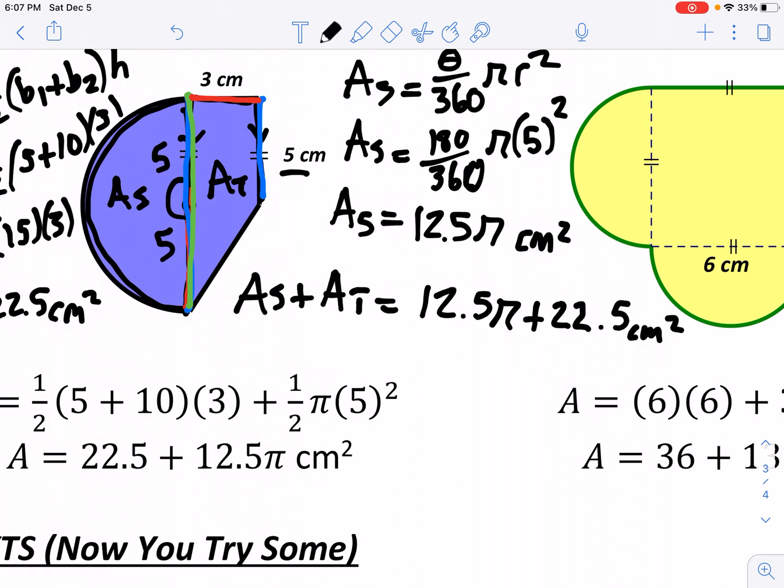Now, if we want the exact answer, in other words, this represents our total area here, it would be 12.5, in our calculators, 12.5 times pi, okay? Find that, and then add 22.5, and so what we end up with is about 61.77 centimeters squared.